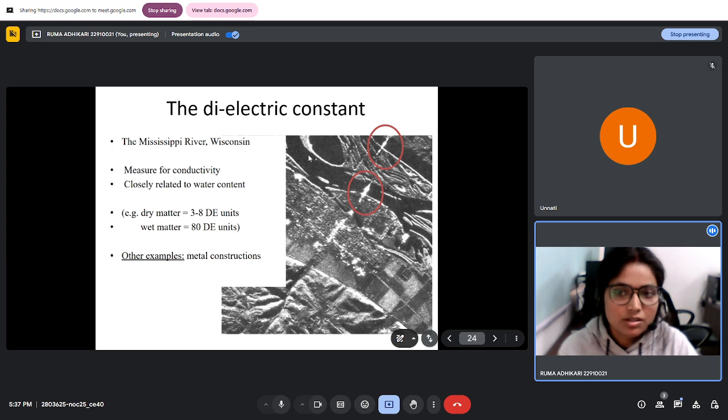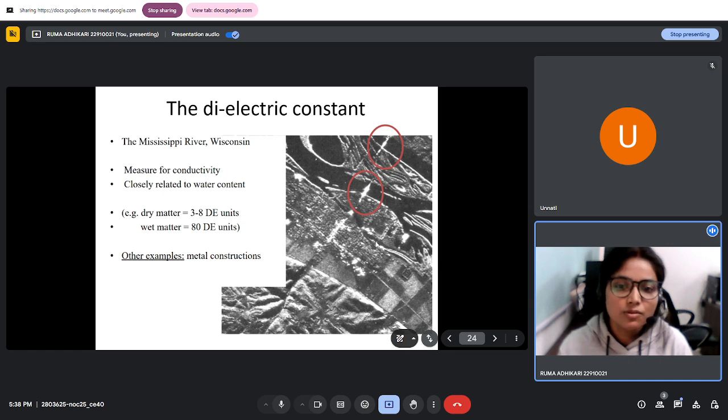But water has a very smooth surface compared to other terrain targets. Because of the polarization, specular reflection happens. What is specular reflection? When the transmitted signal hits, the received signal goes in one direction only.